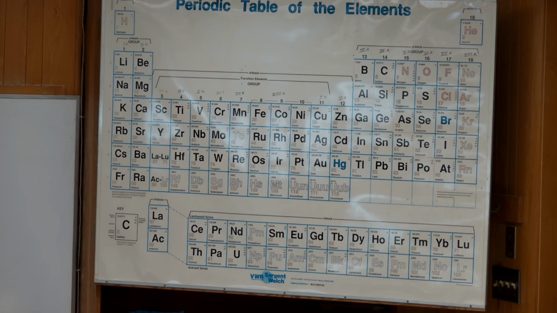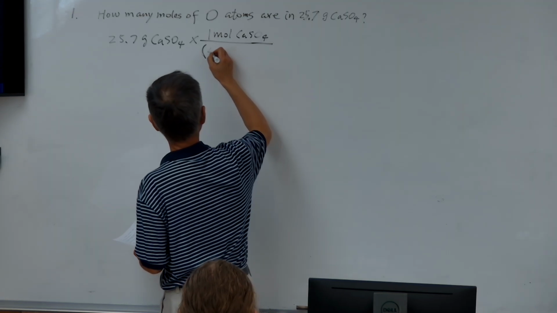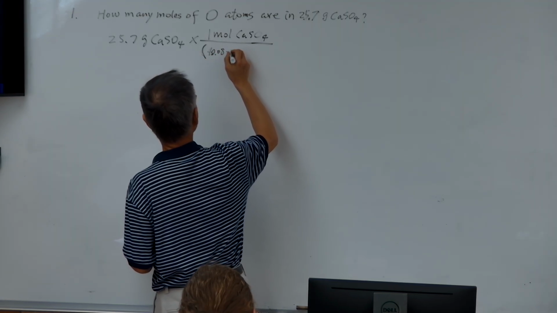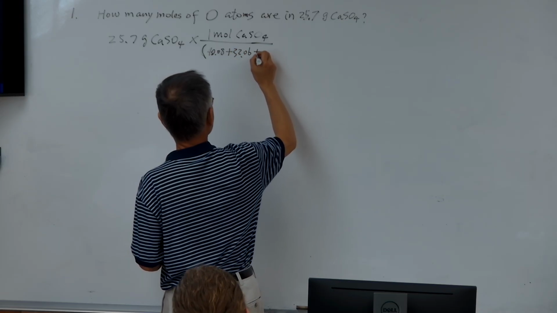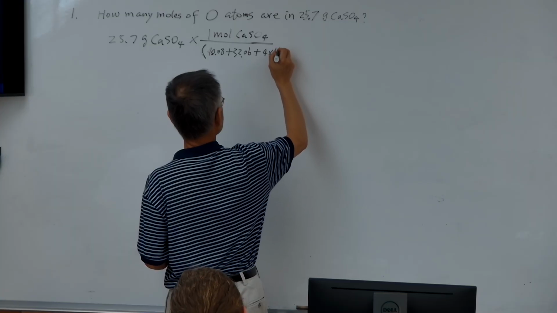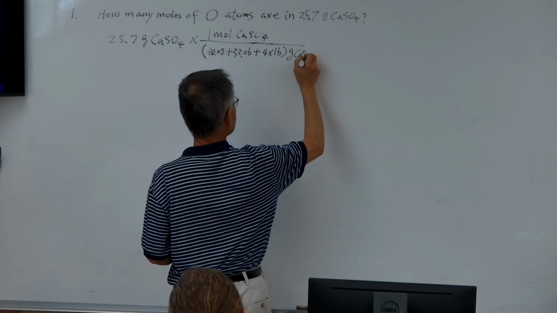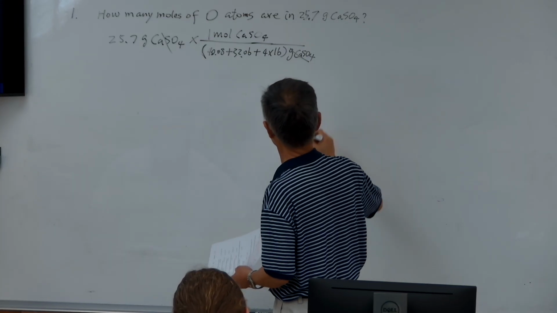Add these atoms together, and this will be the molar mass. So calcium 40.08, sulfur 32.06, oxygen 16. This is the molar mass, so we find the moles.